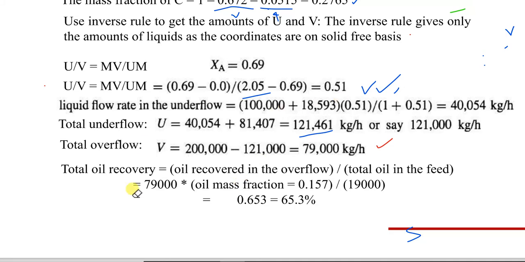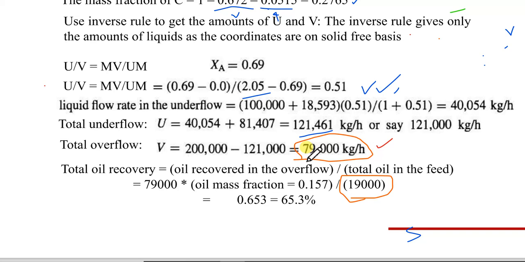The only thing left is total oil recovery. So total oil in the feed, how much percentage is recovered. This is the total oil that was there. Then the total overflow contains B and C, where C is the solvent.